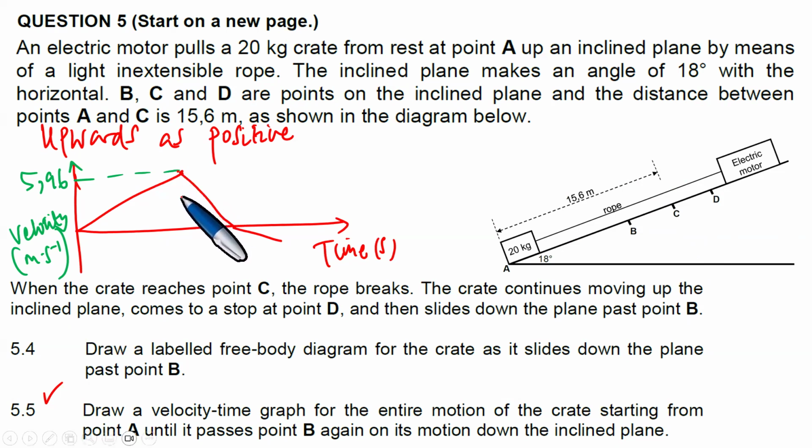When the rope breaks, we understand before that it still continued to D, but its velocity dropped, reduced, and then it came to a stop at point D, and then after it stopped at point D, it then started sliding back past point B. So this is sort of the velocity time graph for the entire motion of the crate.